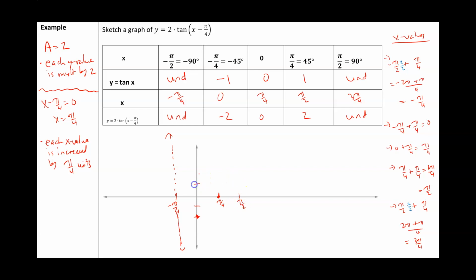My y value is 2. And then finally, at 3 pi over 4, I have a vertical asymptote. So my graph of tangent is going to look like this. Remember, this is the basic shape of that graph, just a curvy shape. And that's it.